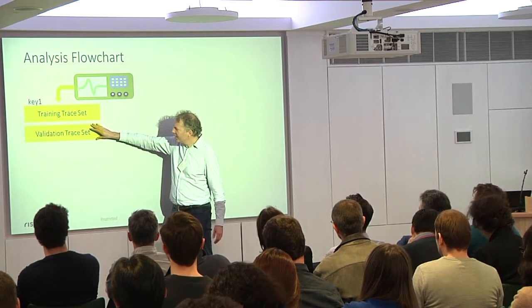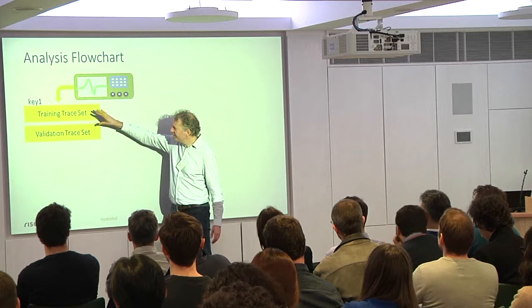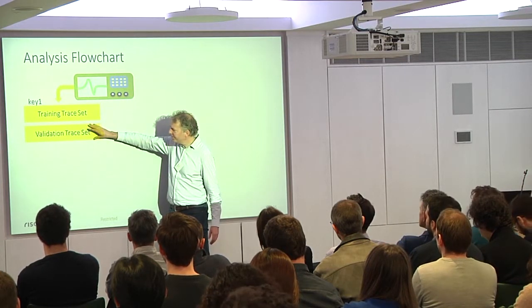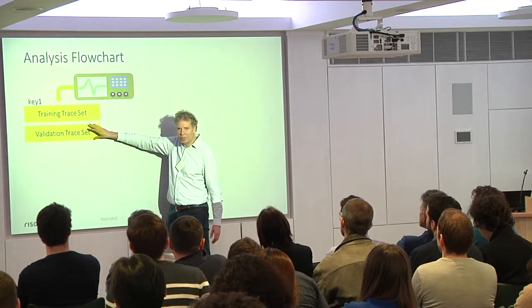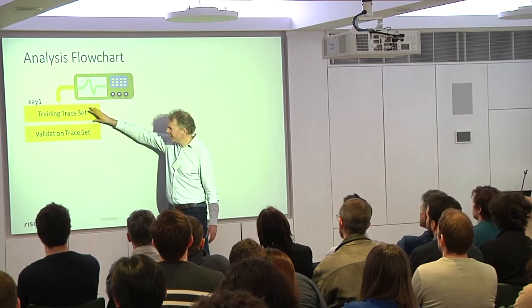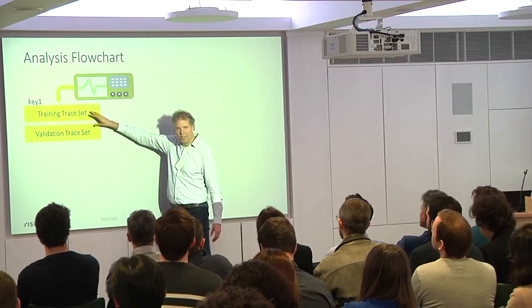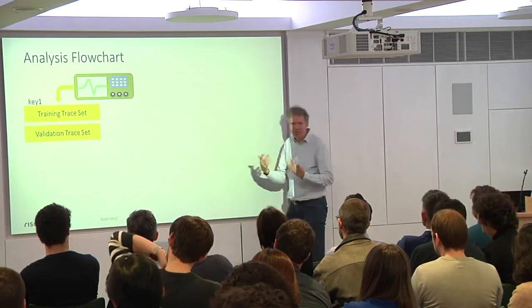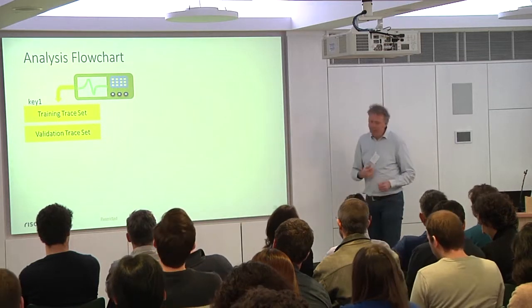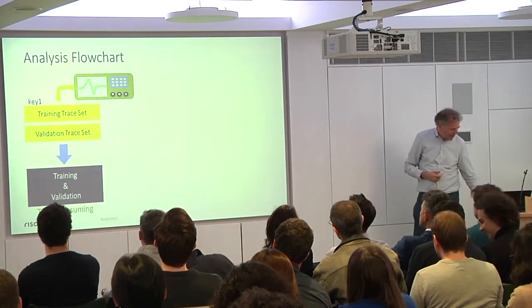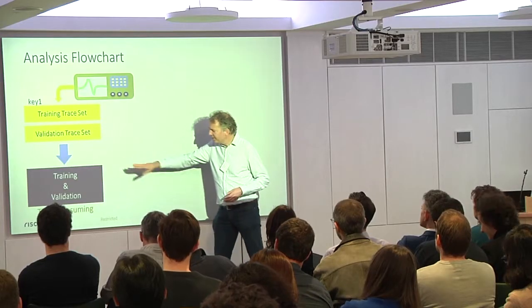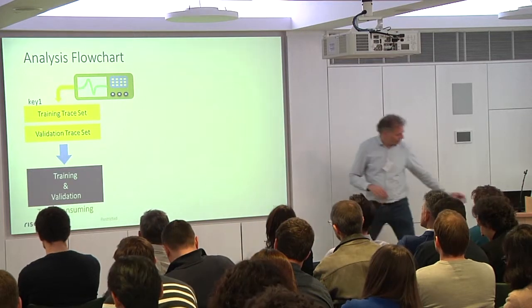The training process is changing the parameters, verifying that it works better than before, changing it again. If it works worse, then you're going to go the other way. So the training process uses the validation to verify that every new step was an improvement. This is very time-consuming. Training and validation is an alternation of two things.